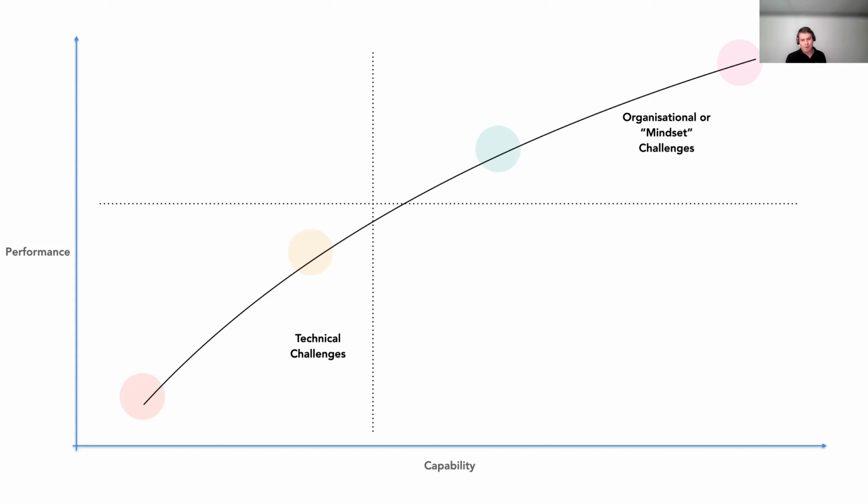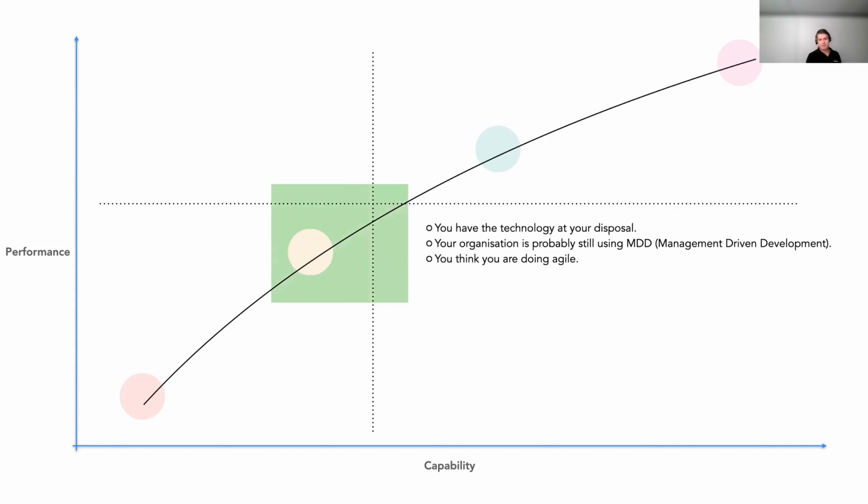Now the problem here is, when you are in this place, you have a lot of technology at your disposal. You are on a public cloud provider where you have really a lot of services at your disposal. But your organization is probably still doing what I call management-driven development. What I mean by that is, usually the features are driven by the managers.